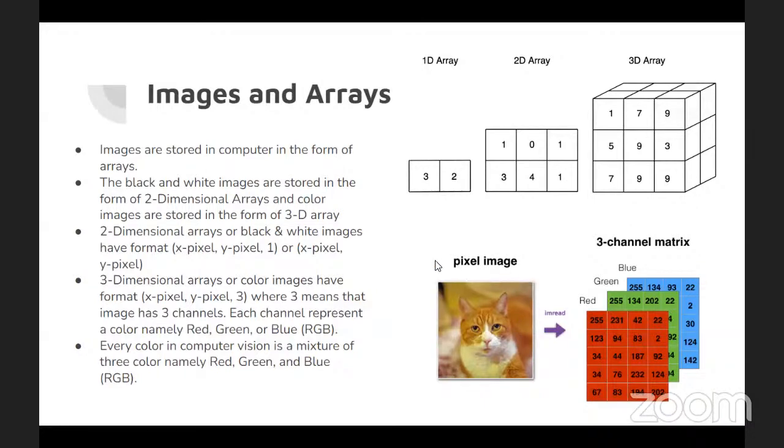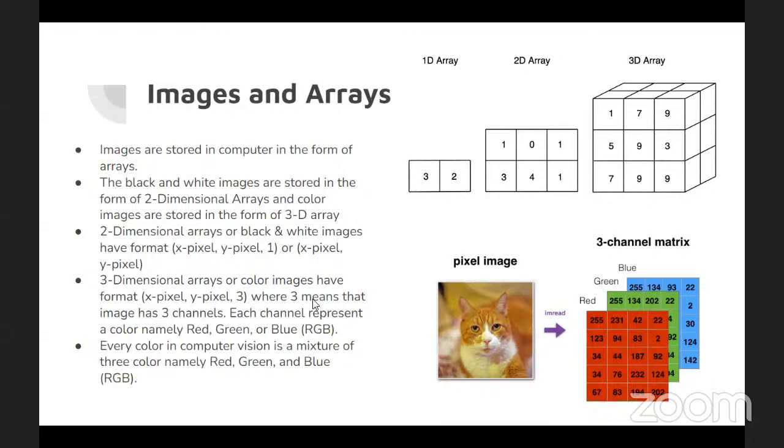This is a colorful image, and when I convert this into an array, we will get a three-dimensional array. Now we have a two-dimensional array for blue, a two-dimensional array for green, and a two-dimensional array for red. When these arrays are stacked one above the other, we say we have got a three-dimensional matrix of an image. These three channels represent nothing but different colors.